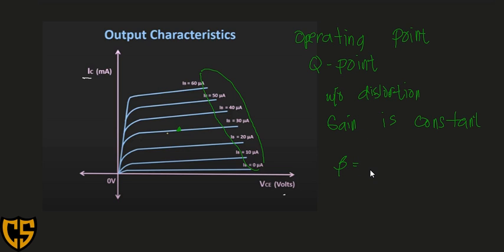Beta is your transistor current gain, and our ICEO is also affected. What is ICEO? Your ICEO is your reverse saturation current. So ICEO and beta will be affected, thus affecting the stability factor of your transistors.